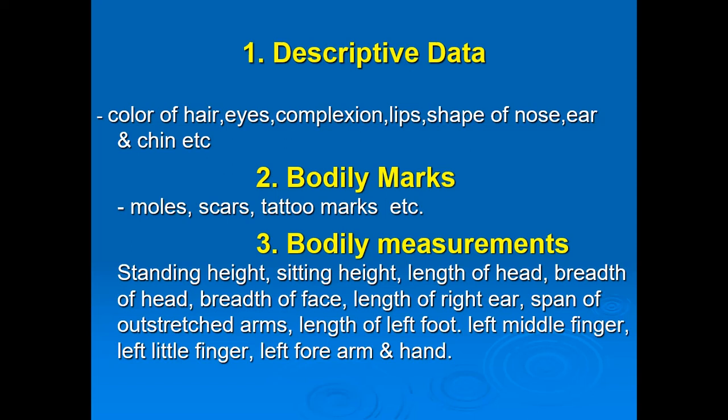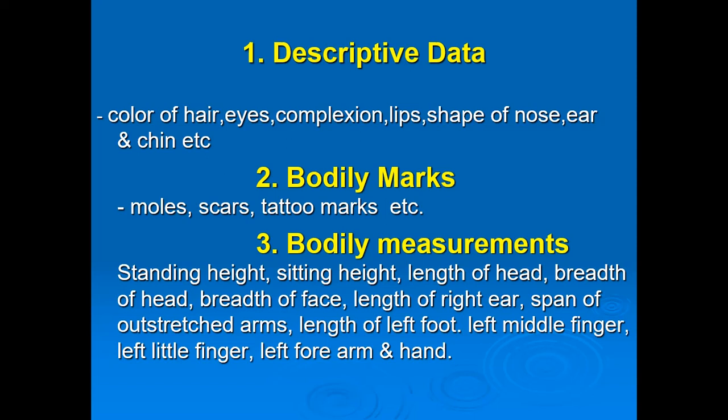That may be unique for that person. Scar marks of any disease, then healing takes place, then some scars are left. Some scars may be of surgery or something else. Tattoo marks are also gaining popularity and everyone knows what tattoo marks are. So these are body marks which help us to determine the identity of a person.